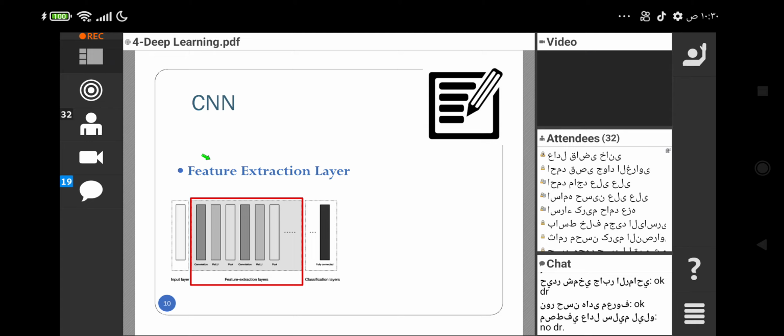Feature extraction is building some features from, for example, an image. An image has many pixels, and it is not efficient to give all of them to the neural network. We want to build a smaller number of features and give the features to the neural network. Do you understand what feature extraction means?